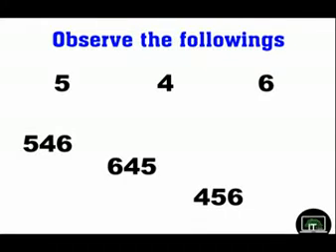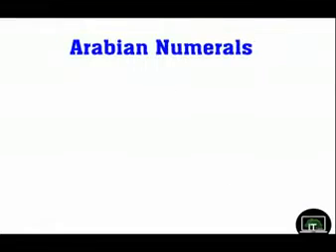When you combine the numbers 5, 4, 6 in different ways, you get different values. The first one is 546, the second one is 645, the third one is 456. Did you think about why we say 546 or 645 and 456? We will learn these things in a moment.